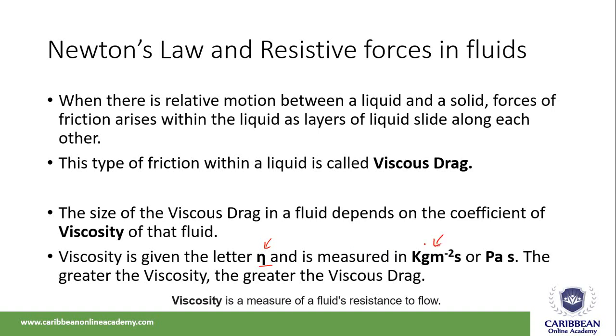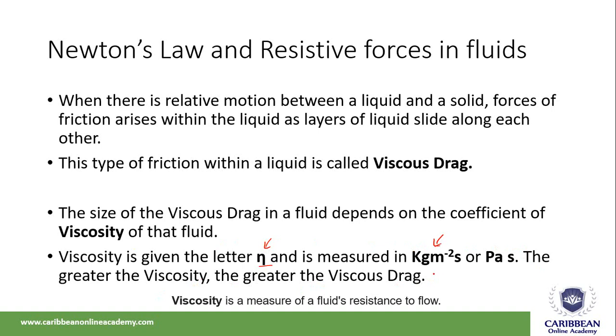I always have some issues saying this. This is the unit for the viscous drag, or we can say that's pressure times the time, right? Now, they're saying the greater the viscosity is, the greater the viscous drag, which tells us that the greater the frictional force would be.